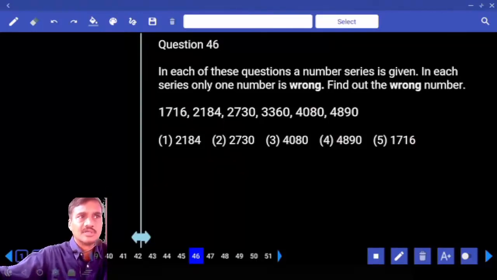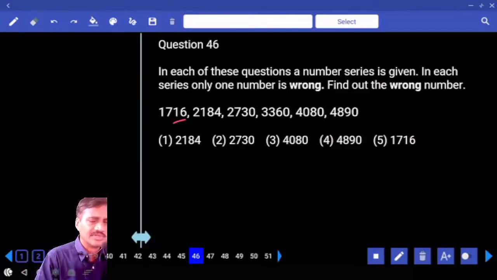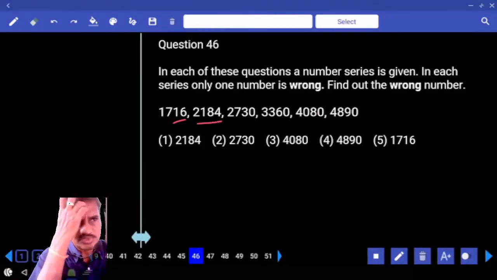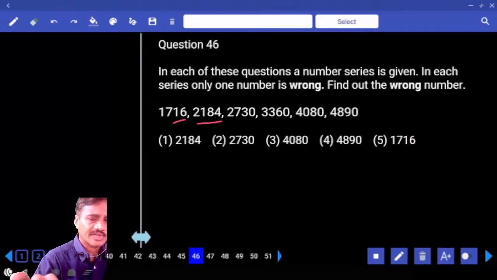1700, 2000, 2733, 4000, isn't it? Now 1716 and 2184. 13 cube is 2197, and 13 cube can be written as 2197.